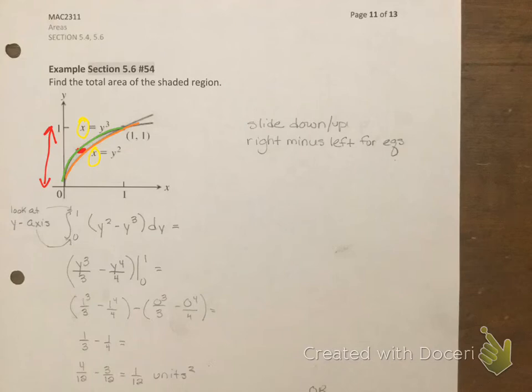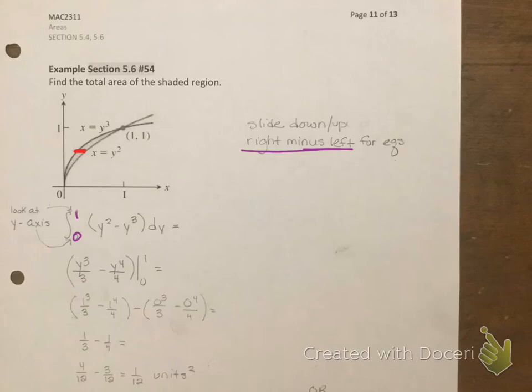So therefore, I can use a horizontal representative rectangle. I am allowed to do that with one integral. So I would find my boundaries from the y-axis. So you see the 0 and the 1. I am doing right minus left. So here we go. Let's erase some of this mess. So right minus left.